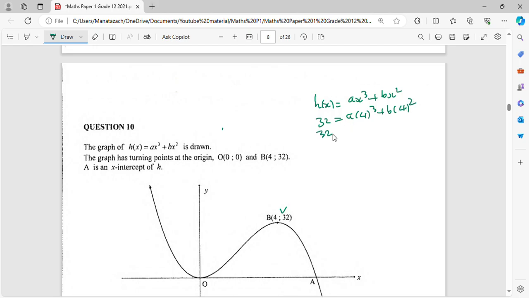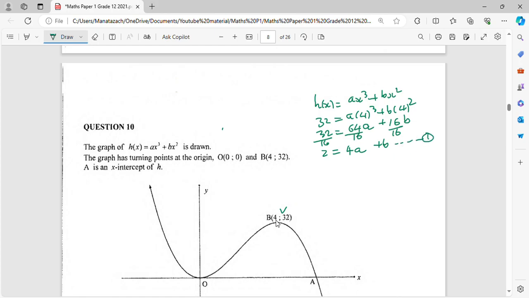So this will give us 32 equals a times 4 cubed, which is 64a, plus 4 squared, which is 16b. So let's further simplify this by dividing every term by 16. So this will give us 2 equals 4a plus b.